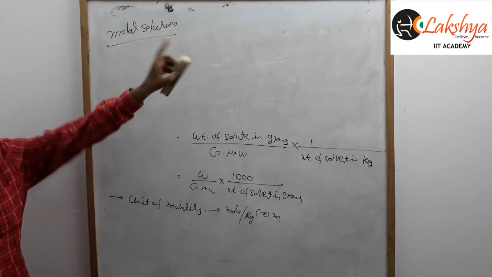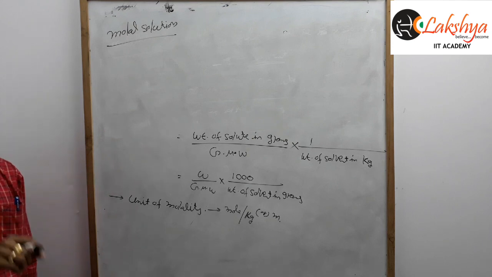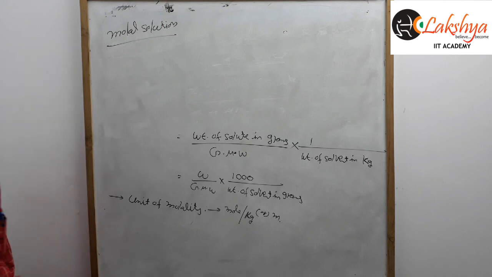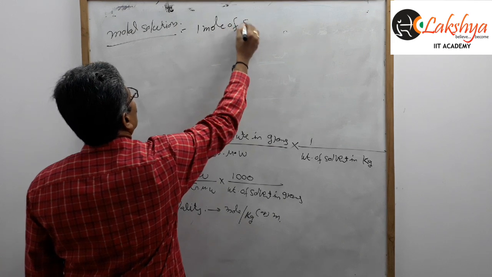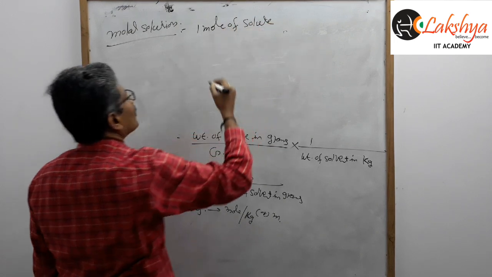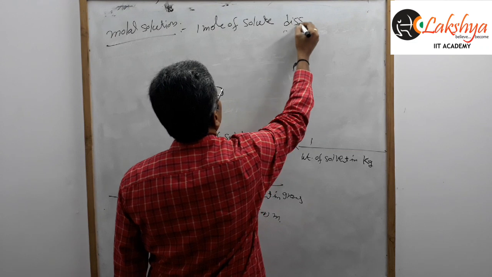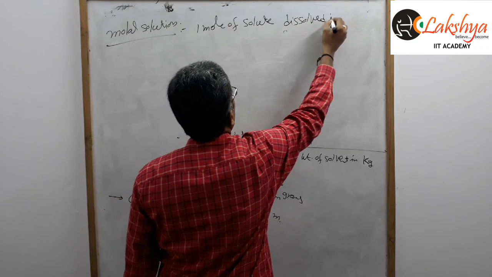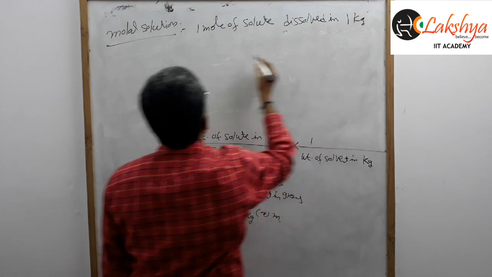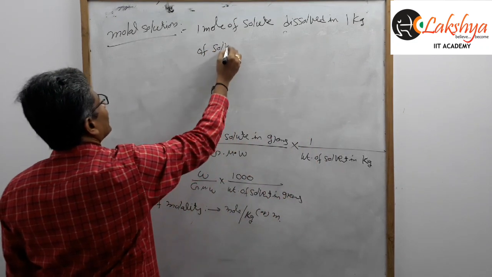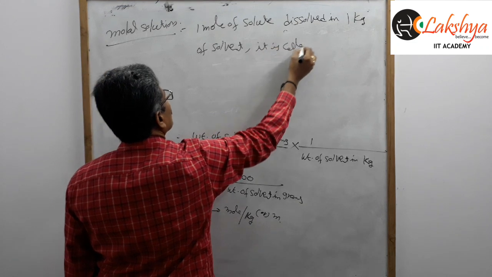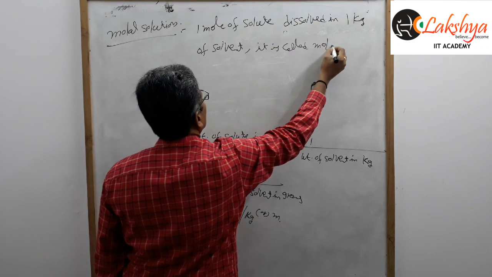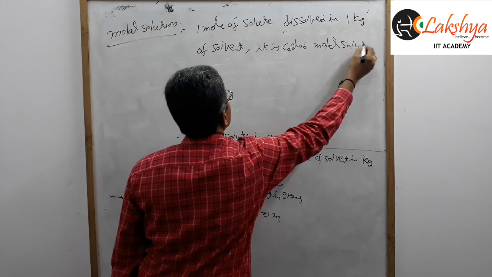When 1 mole of solute is dissolved in 1 kg of solvent, it is called a molal solution.